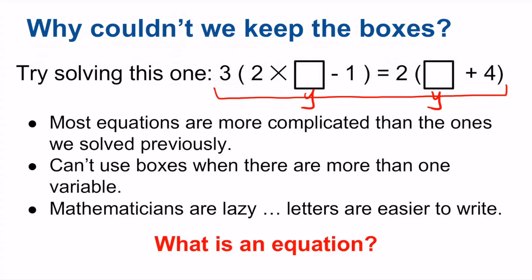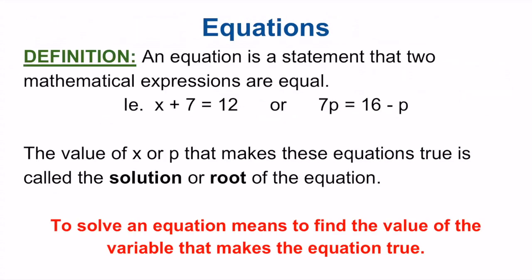So let's go on. What's an equation? Here's the official definition of an equation. An equation is a statement that two mathematical expressions are equal. We saw this in the last lesson, where we had things like, let's say, 7ab minus 5 plus 2ab minus b squared.